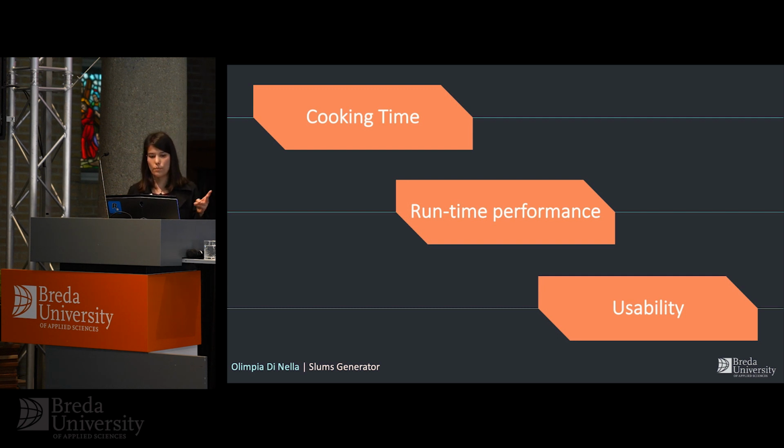And for these two points, instancing helps a lot already. And usability is another key point. You want the user to actually test the tool and give you feedback on that, so that you can adjust it to their needs. And for that, it's also important to keep parameters simple.